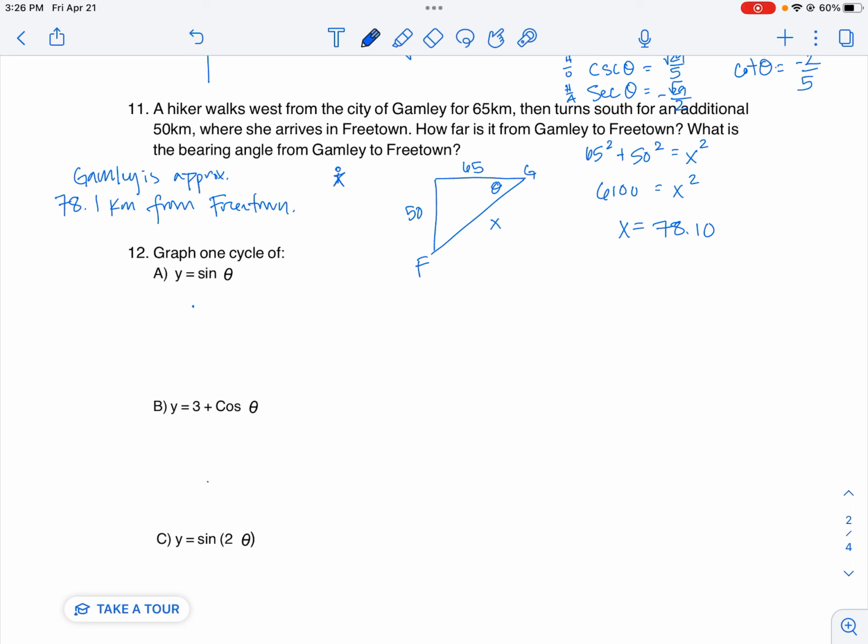Now, the bearing angle theta, well, I can find that because here's my angle, here's my side opposite, and here's my side adjacent. So I could use the tangent function. Tangent of theta is equal to opposite over adjacent, which is 50 over 65.